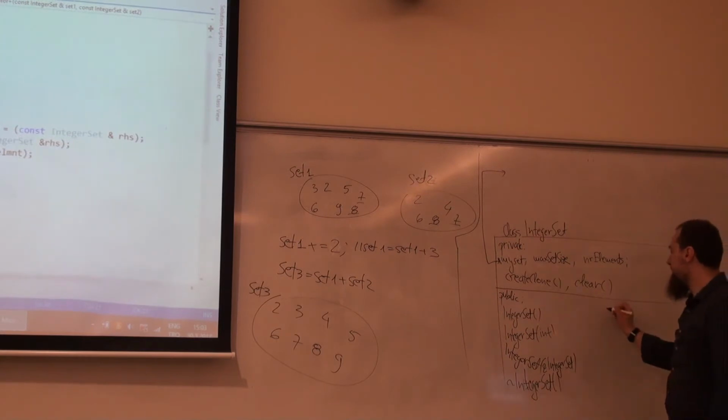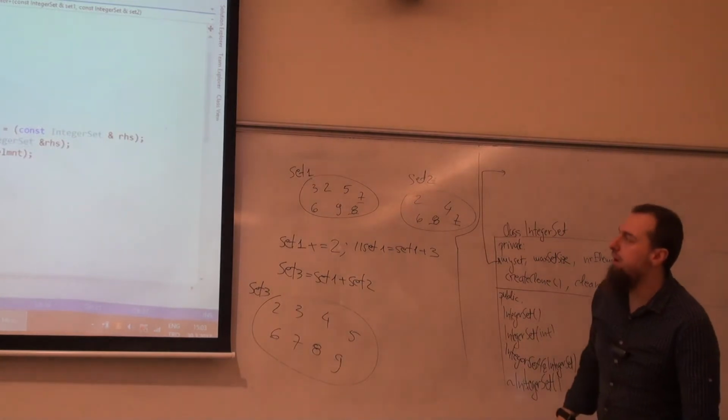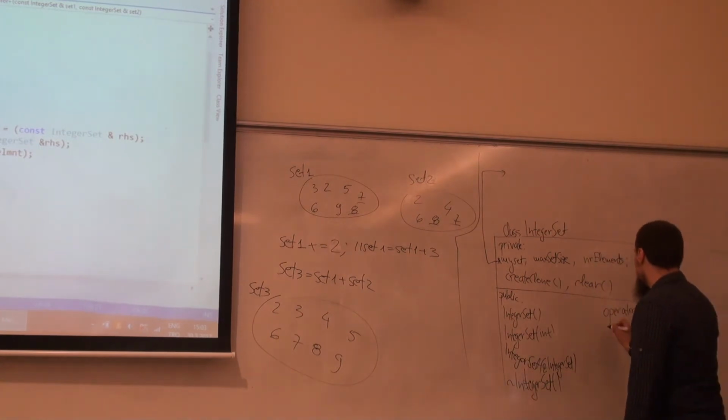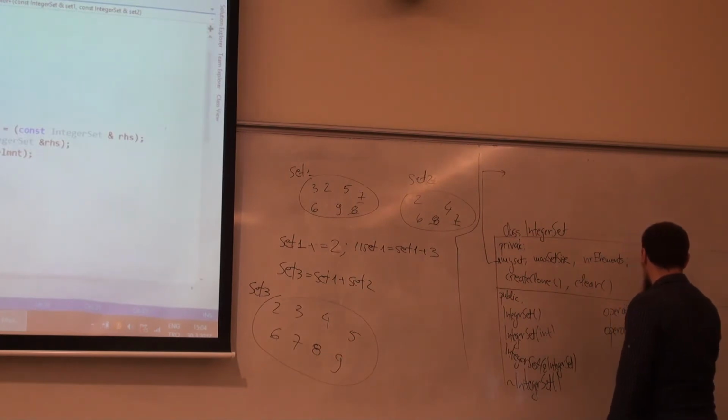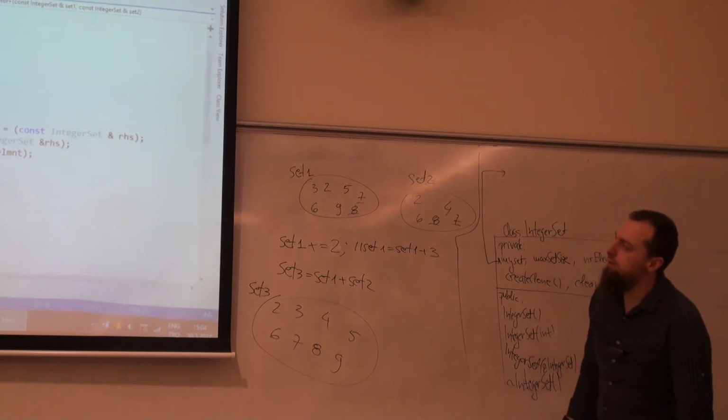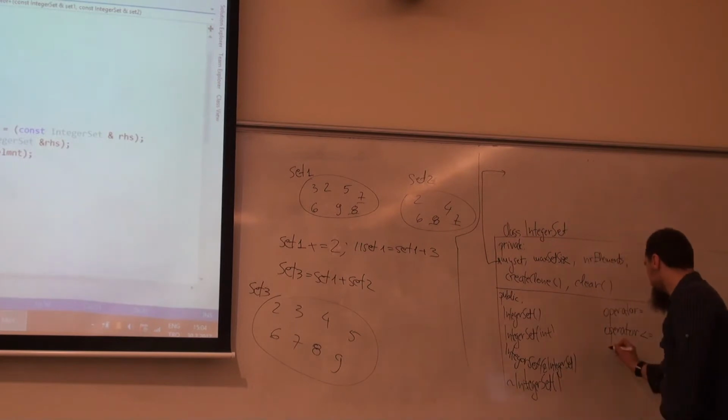I have operator equal to make two sets be equal. Then I have the operator smaller or equal. And we will see how we are going to define it. So operator smaller or equal. I have operator plus.